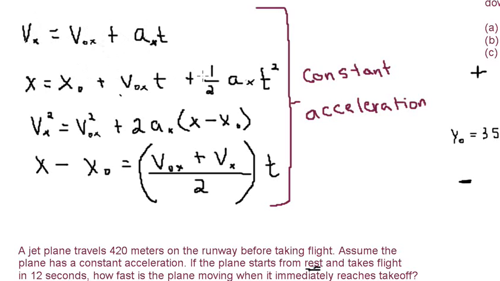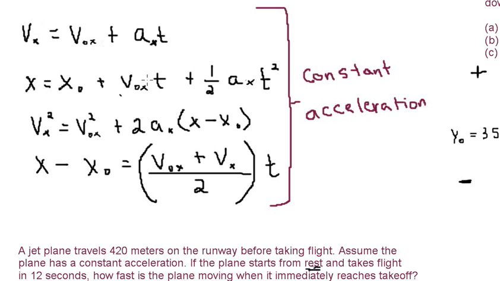However, we can use the second one, because in the second one we have the final distance, the initial distance, the initial velocity, and the time. So we have all the variables with the exception of acceleration.